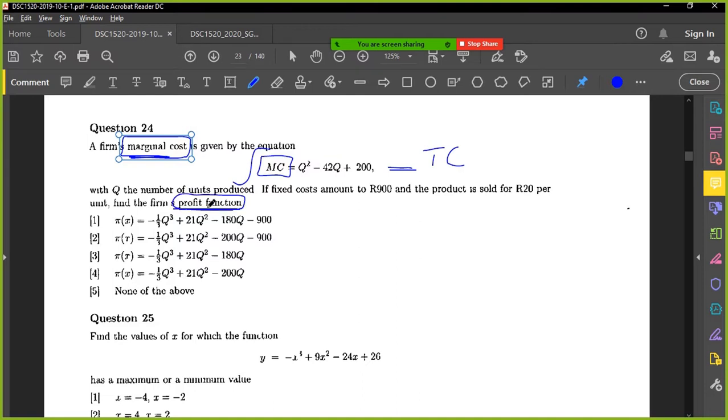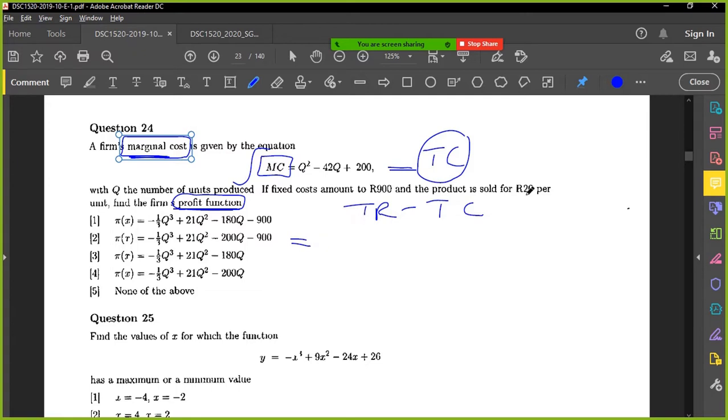For profit. How do you work out profits? Obviously, profit is total revenue minus total cost. Correct. So you need this, and revenue also. How do you get revenue? Revenue is price times quantity. Yes.